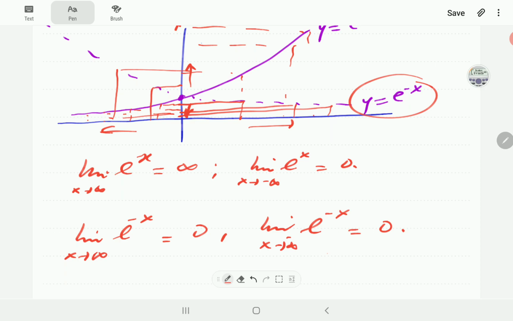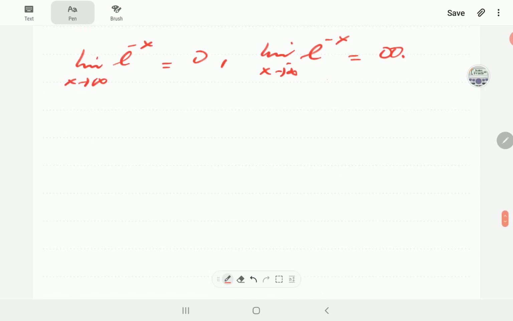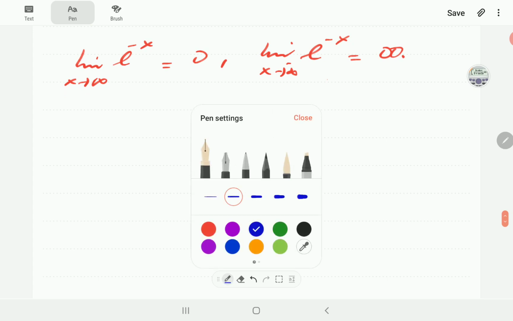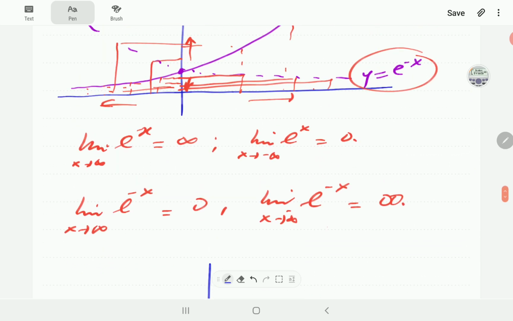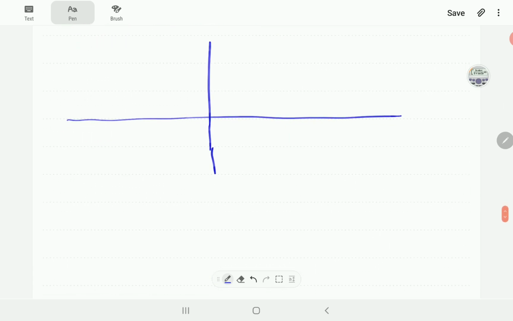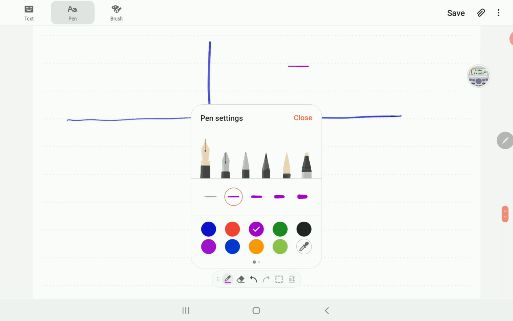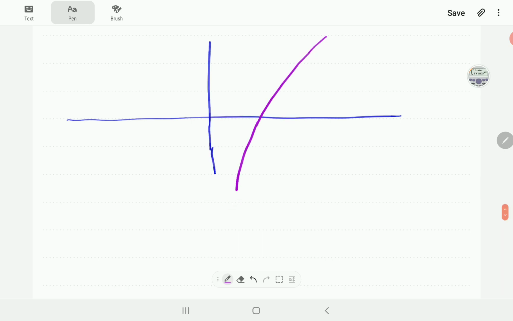There's negative infinity here, so that's infinity there. And then for the log, you're going to recall that the graph of the log is going to look something like that. This is (1, 0).